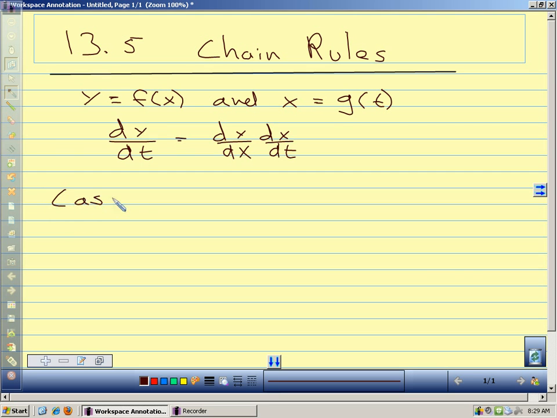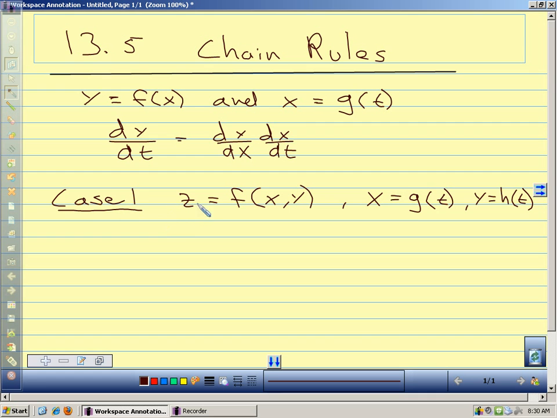Case one: we have z equals some function of x and y, and x equals some function of t, and y is some other function of t. So z is indirectly a function of t.